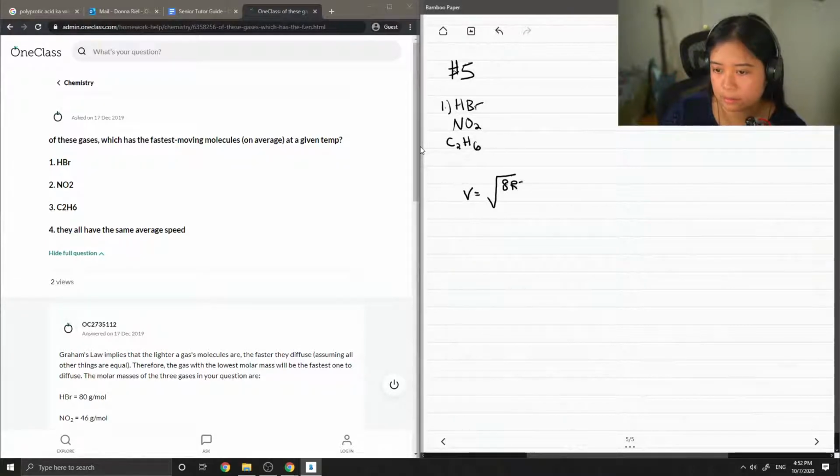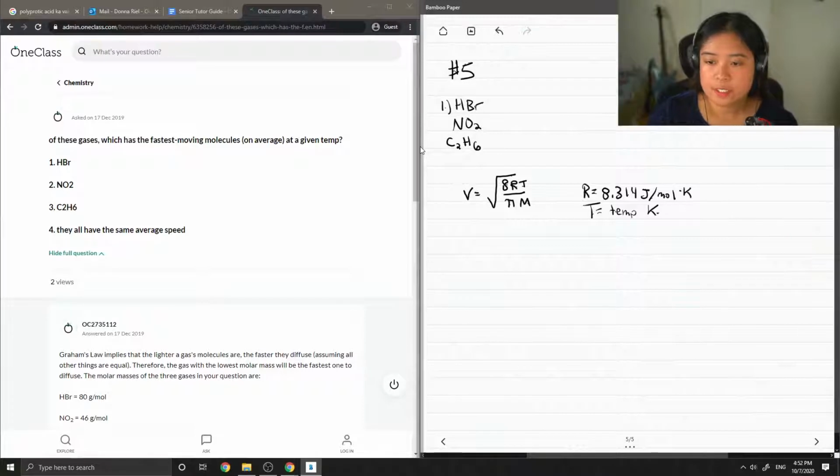It goes the square root of 8RT over pi m, where m is molar mass, R is just a constant, 8.314 joules over mole times K, and T is temperature in Kelvin.